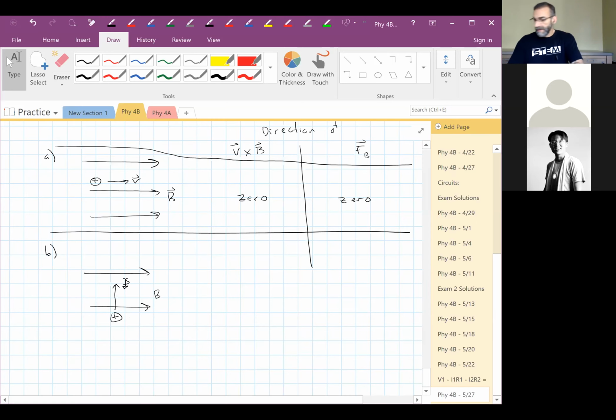So if my magnetic field points to the right and my velocity is up, I have my fingers in the direction of the velocity. I roll them toward the magnetic field, and my thumb points into the page. Okay, so V cross B is into the page, and the direction of the force is into the page.